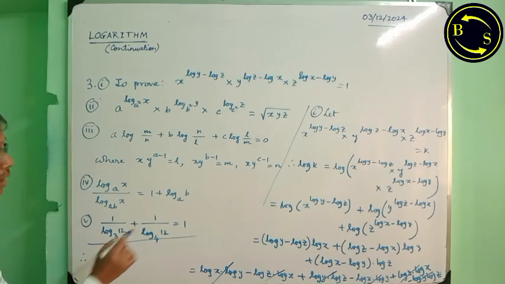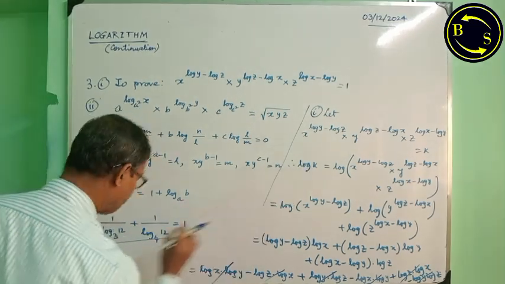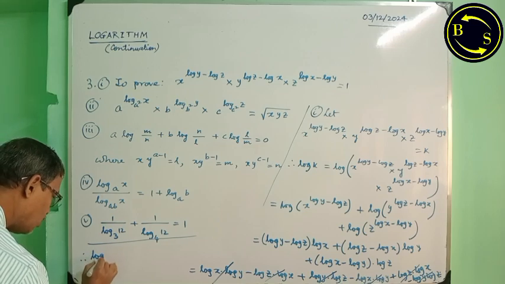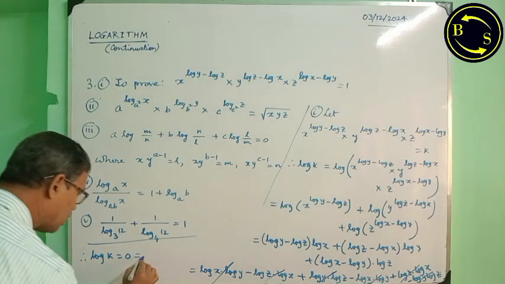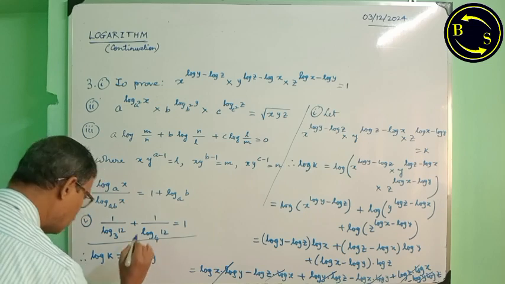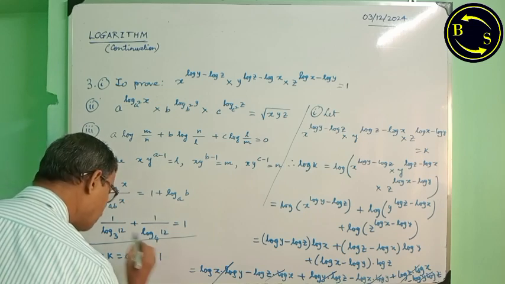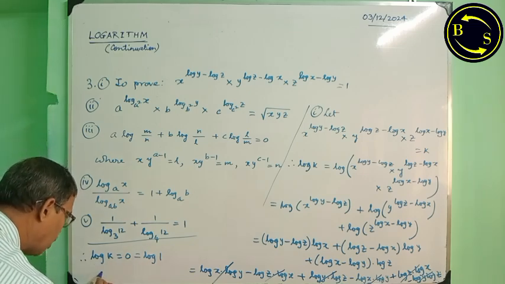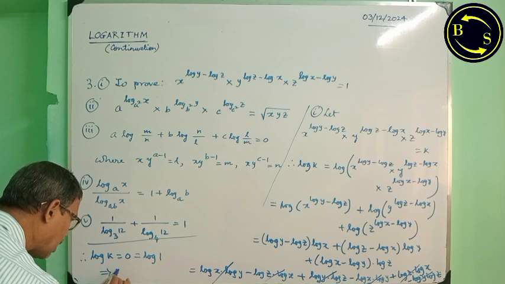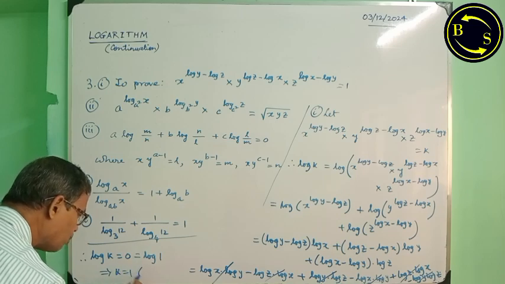Therefore we took logarithm: log k equal to 0, and 0 can be written as log of 1. That is formula. Log k equal to log 1. Therefore k equal to 1. Proved.